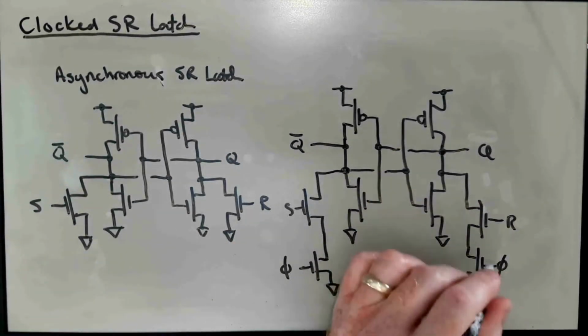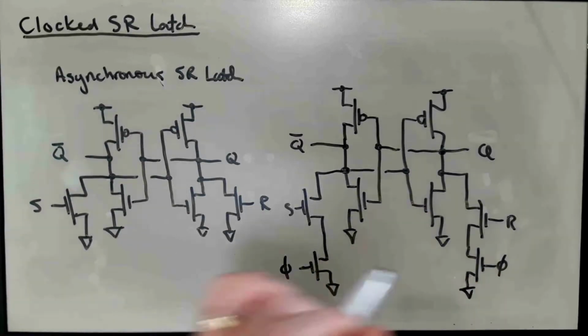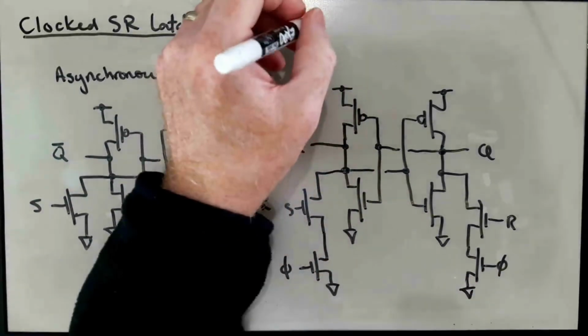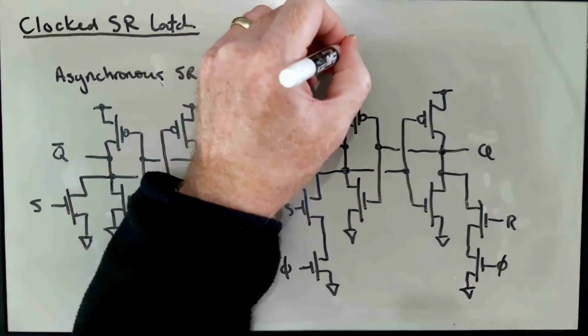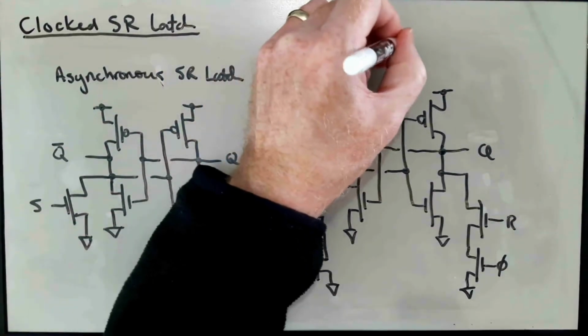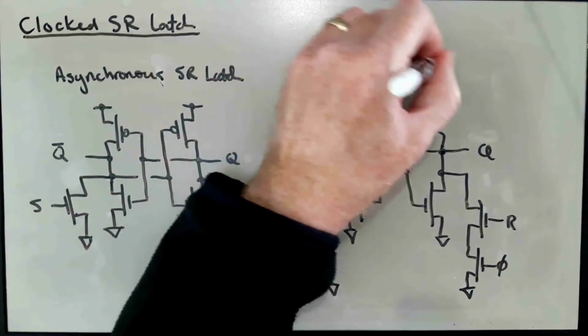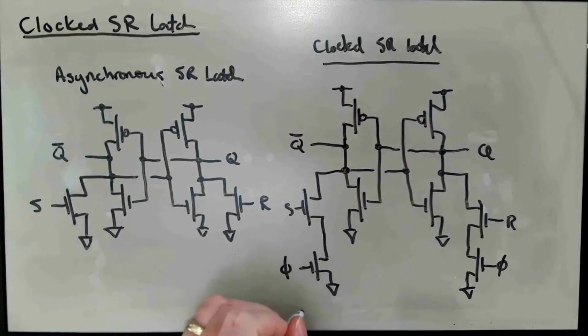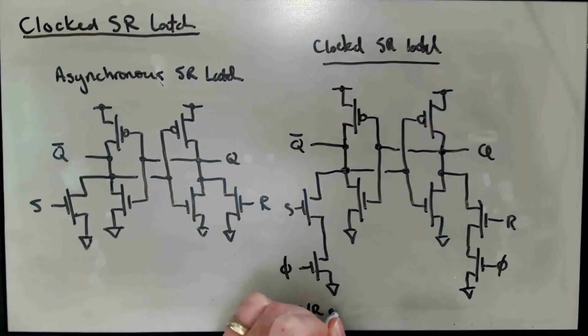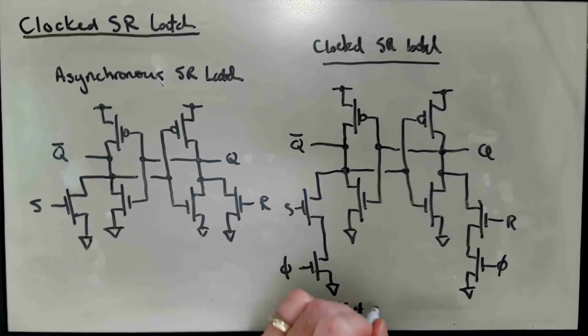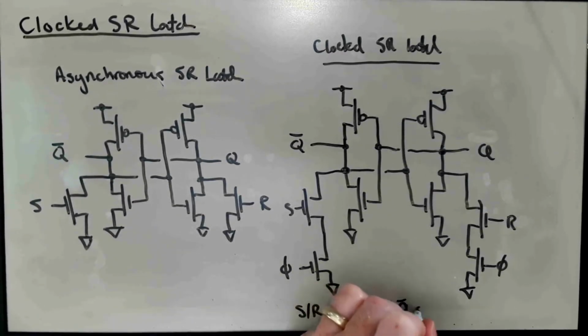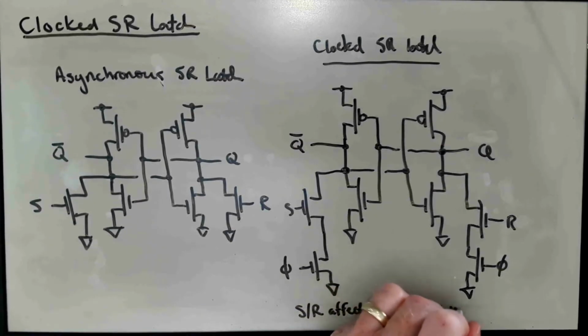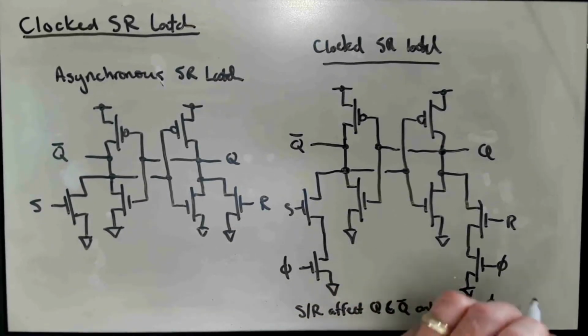So only when phi is high do S and R affect Q and Q bar.